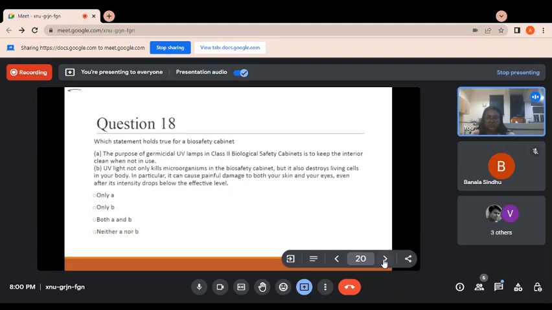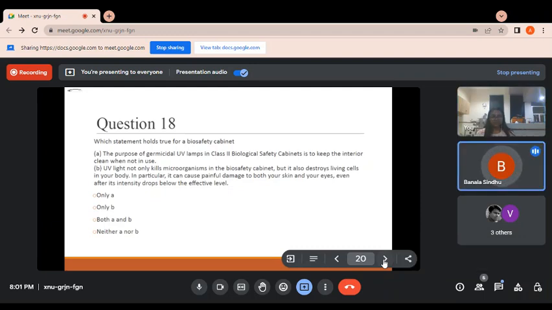So the first option is only A, the second option is only B, third option is both A and B, and the last option is neither A nor B. So which option is true? Go through the question carefully and try to give the answer. Okay, Banana Sindhu.